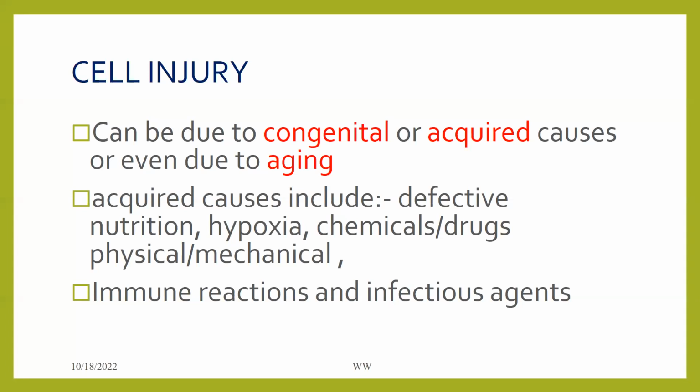Some of the acquired causes can be due to defective nutrition. You wonder where nutrition comes in. You remember in biochemistry, you learned about the food nutrients: the glucose, the building blocks of the carbohydrates, the amino acids, the nucleic acids, which are the building blocks for nuclear material.